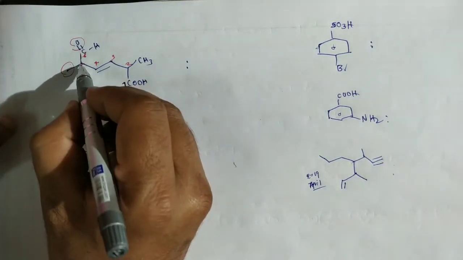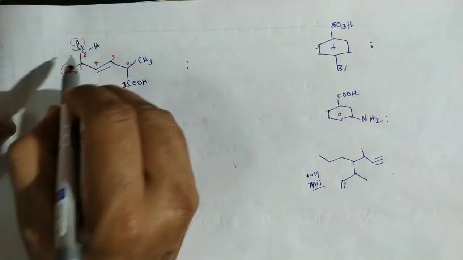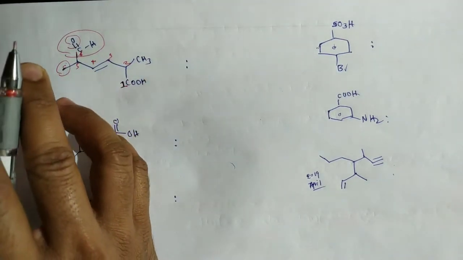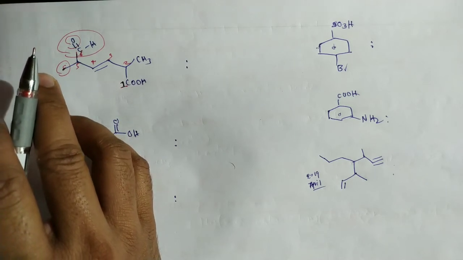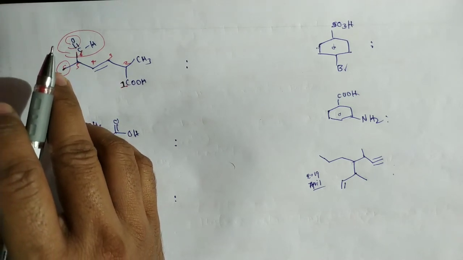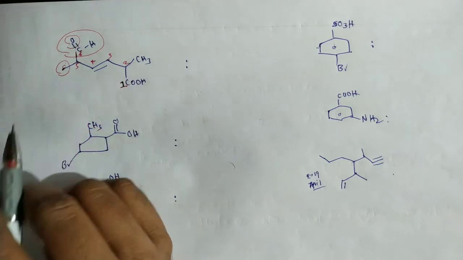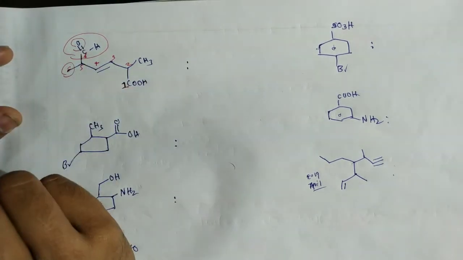Here, if it is our parent chain, 6 carbons, only formally the substituents, but our parent chain must contain the more number of substituents. If there are two chains with equal length possible, you have to select the parent chain with more number of substituents. So here it is our parent chain.